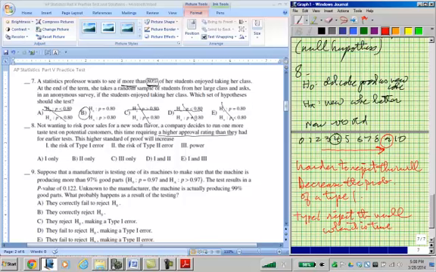So by raising the standards, I make it harder for people to decide that they like the new Coke better, which means I decrease the probability that my test, that my survey, will conclude that people like the new Coke better when they really don't. And that's a type 1 error. They reject the old Coke when in fact they like the old Coke just as much as they like the new Coke and it would be crazy to go change Coke or whatever.